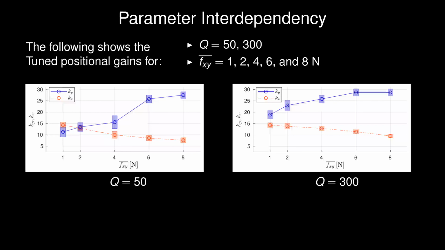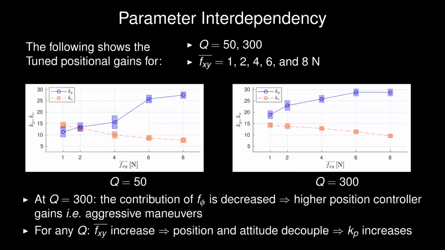Following the above experiments, we conduct a systematic experimental campaign to study the variance of the position gains for different values of the maximum intensity of the lateral force. We conduct these experiments for two values of Q, and we show here the statistical data of the experiments repeated thrice.